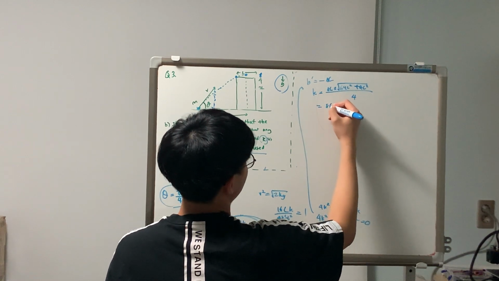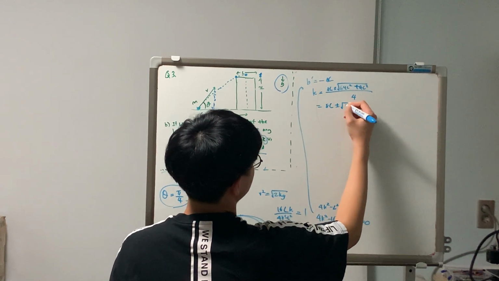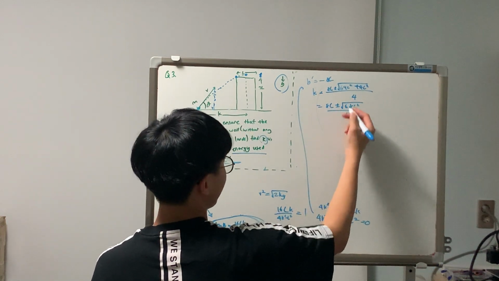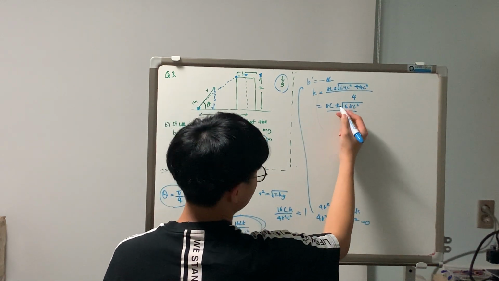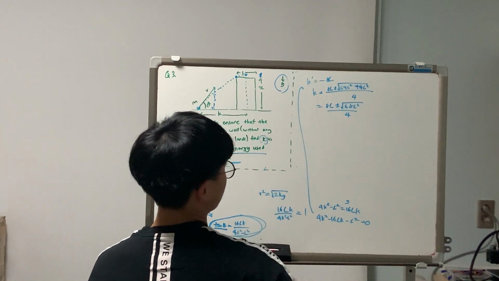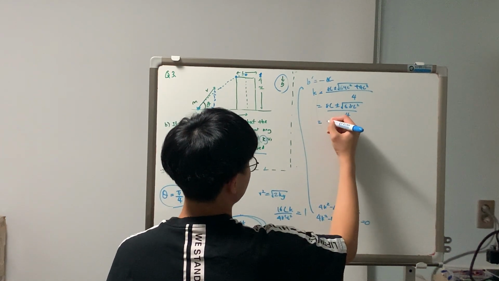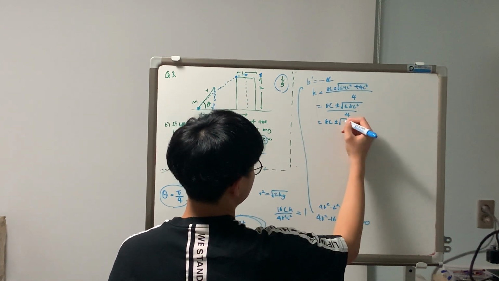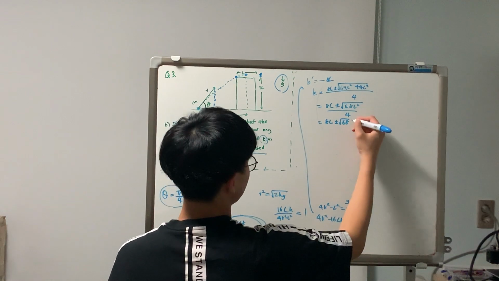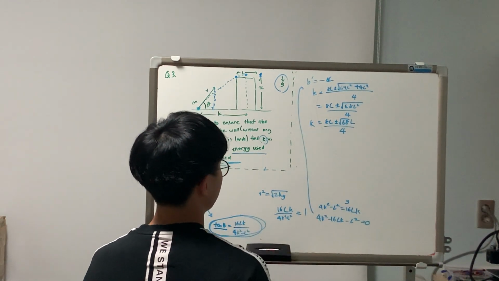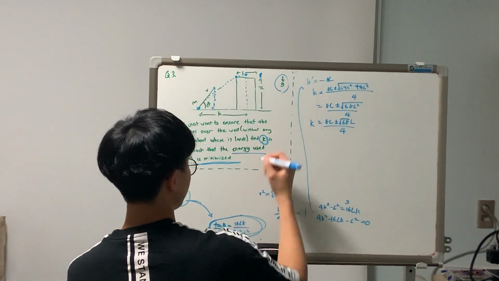And so we get 8l plus minus the square root of 68l squared over 4. And so we get 8l plus minus the square root of 68l over 4, and that's going to be our value for k, which is part of the question.